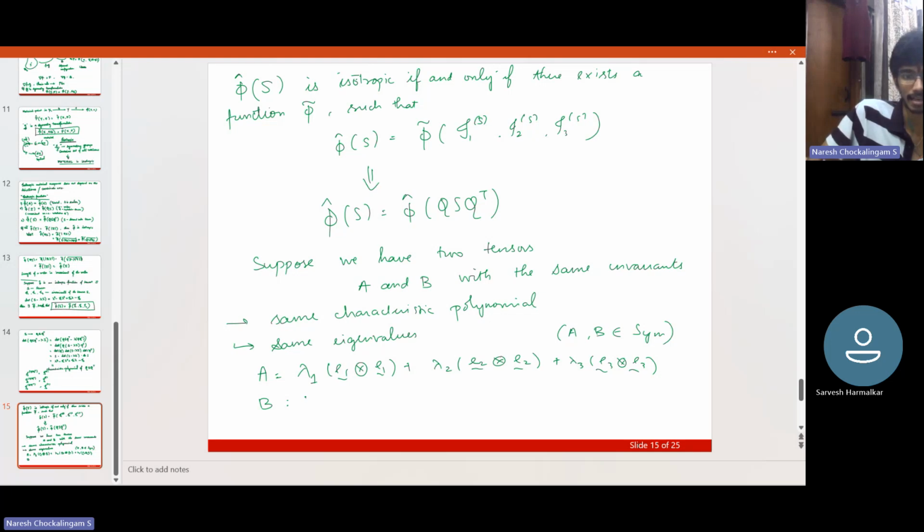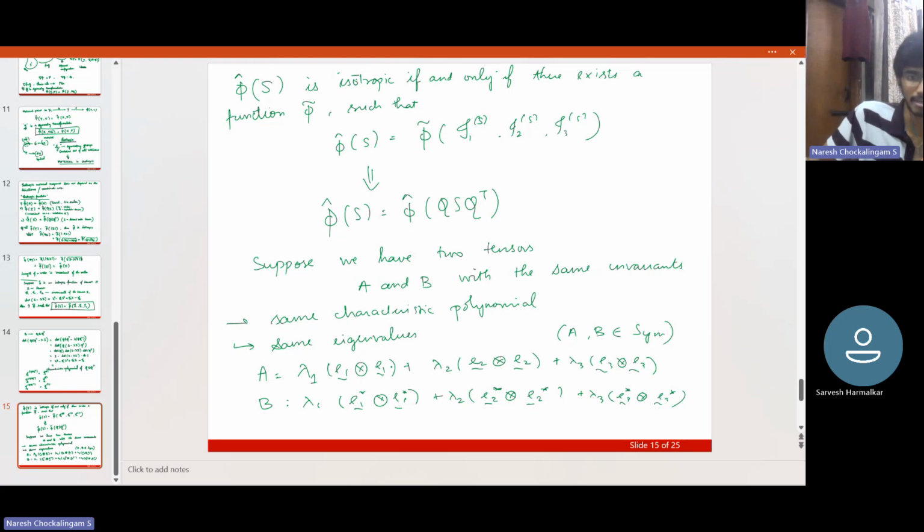Similarly, B will be the same eigenvalues, lambda 1 E1 star tensor E1 star, plus lambda 2 E2 star tensor E2 star, plus lambda 3 E3 star tensor E3 star. So they have the same eigenvalues and different eigenvectors.